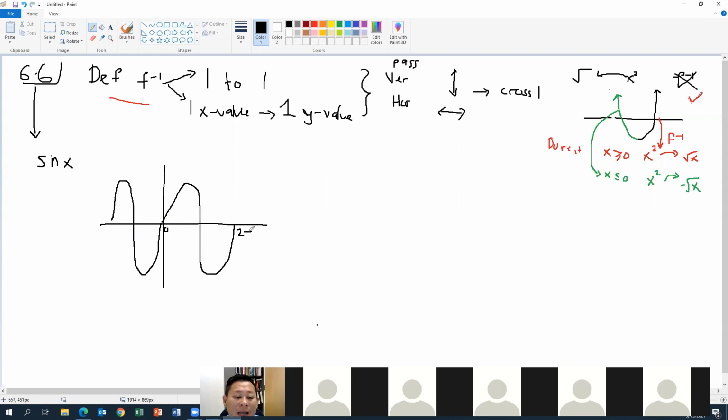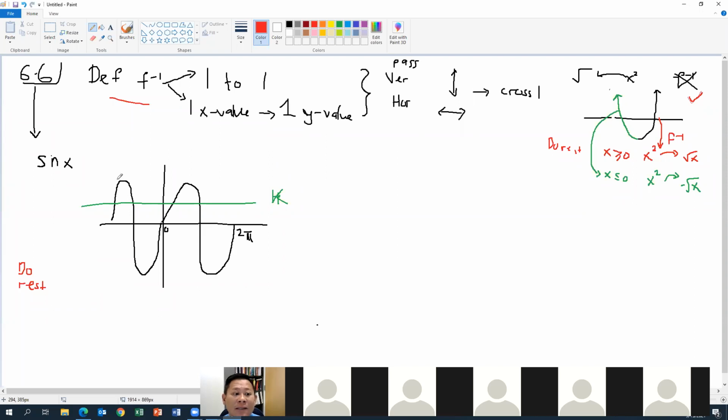So if you look at the horizontal line, it definitely fails the horizontal line test because it passes a lot of points, not just one. So what we do here is what we call a domain restriction. We will restrict the domain so that it will pass the horizontal line test. So what do we do to restrict?